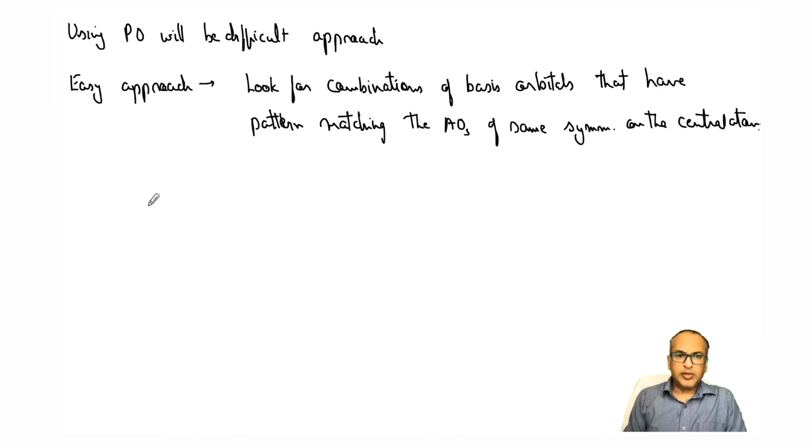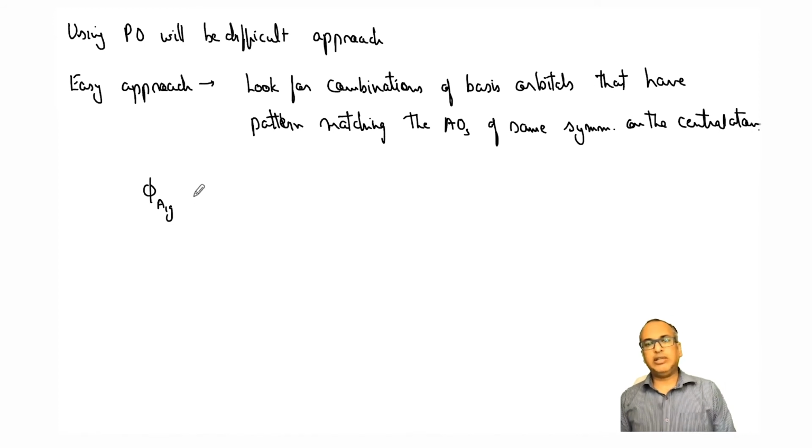So for example, if we want to find phi A1g, earlier what we used to do is take a projection onto any of the basis orbitals using A1g symmetry. But now what we want to do is match the symmetry of A1g with the A1g atomic orbital of the central metal atom.